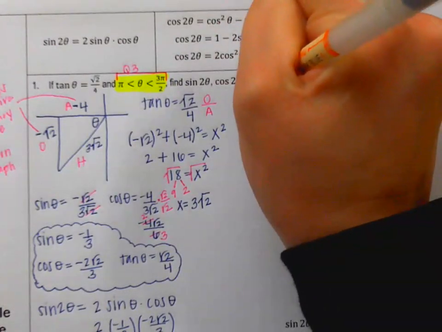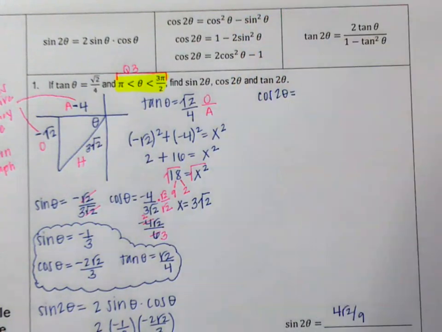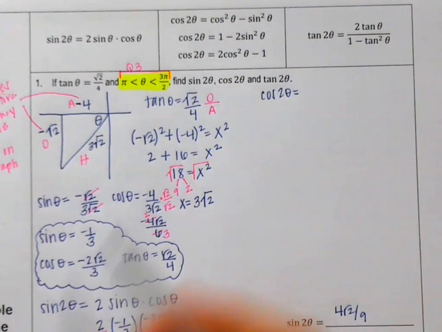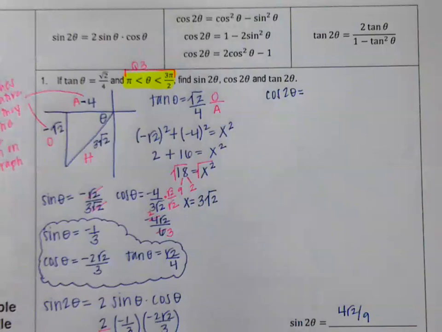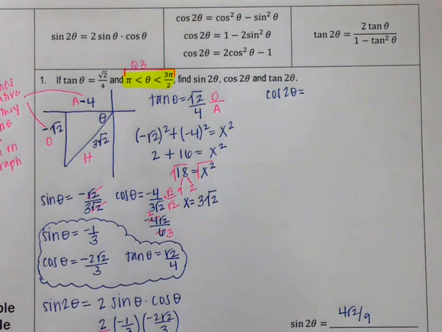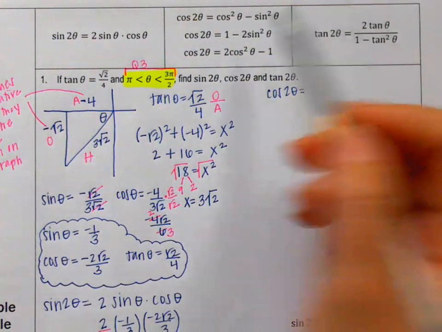So let's decide which one we are going to use. I look at my trig functions: sine is -1/3, cosine is -2 rad 2 over 3. I'm going to focus it, I feel like it's a little blurry. I feel like that helped. And tangent is rad 2 over 4.